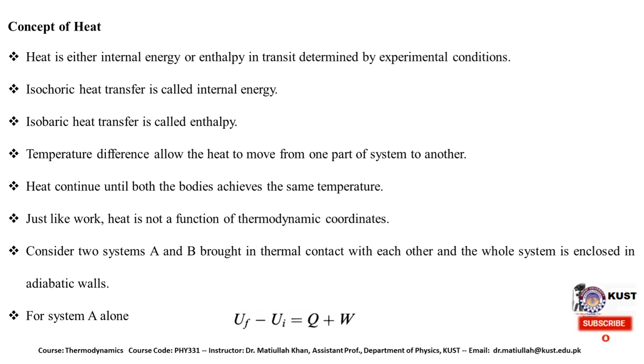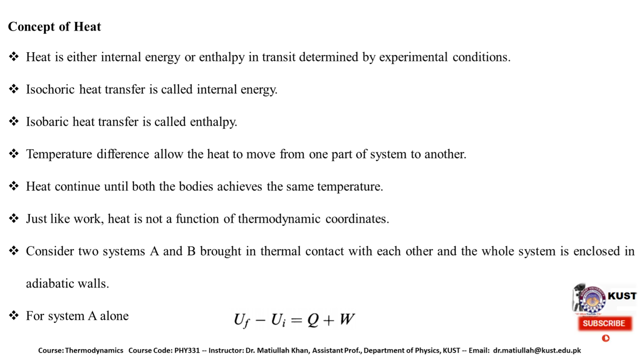As the difference of temperature exists between the two bodies and they are in thermal contact with each other, what will happen? The heat will flow from the body having higher temperature toward the body having lower temperature.